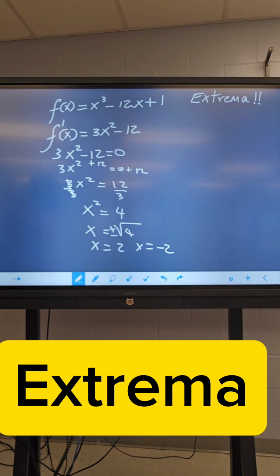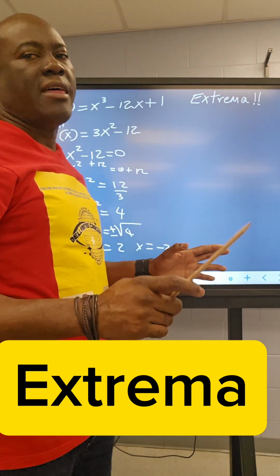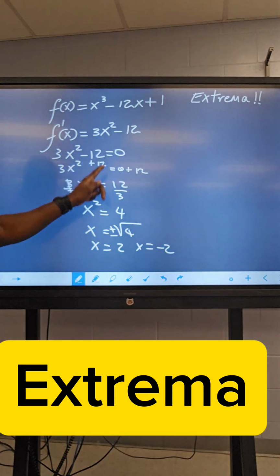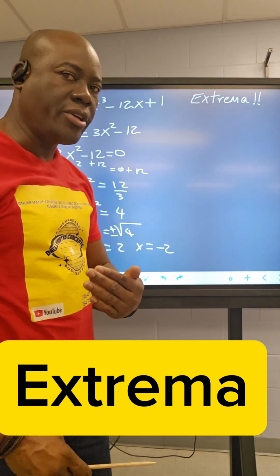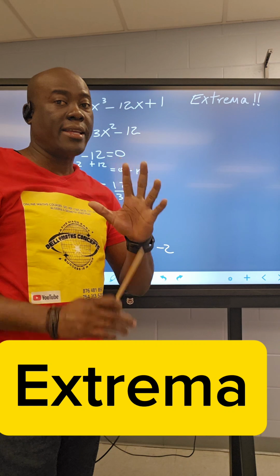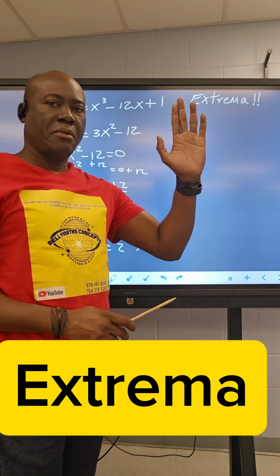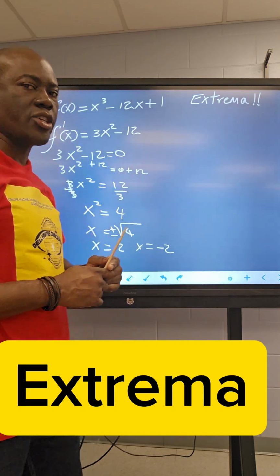At our extrema, the x values are positive and negative 2. So now we're going to test the region to see where exactly we have the maximum or the minimum.